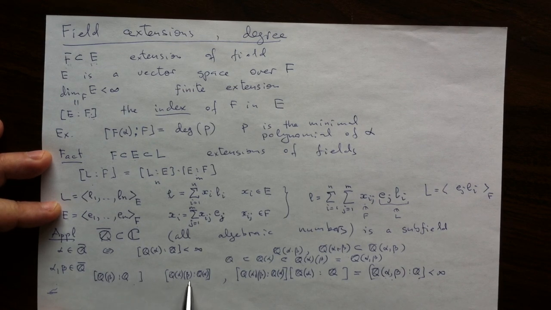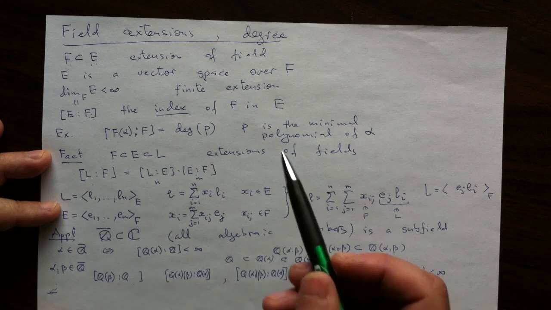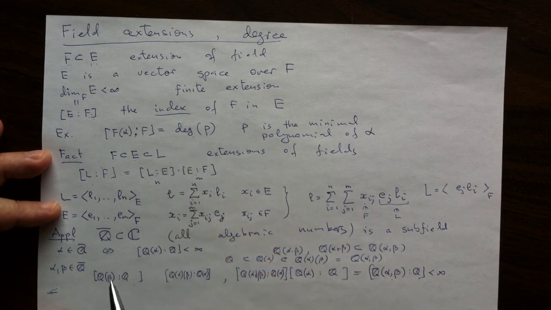So I have to argue that this is finite, but it has to be not larger than this, because what do we measure here? Effectively, according to this observation, we measure the degree of the smallest polynomial which has beta as its root, the smallest polynomial with rational coefficients. So here we will be finding the degree of the smallest polynomial for which beta is a root with coefficients in the larger field.